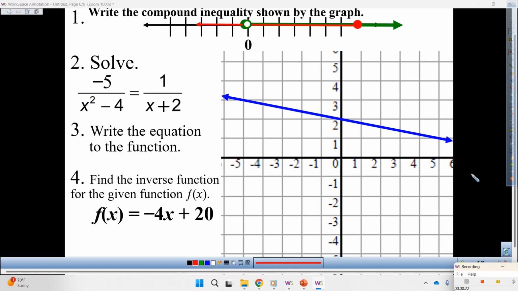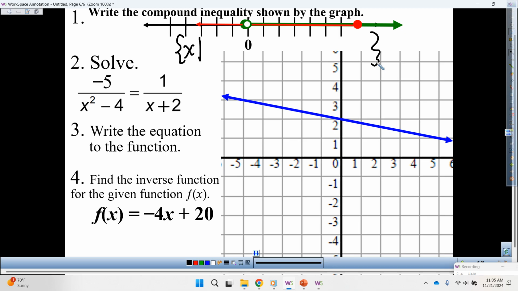All right, let's get the show on the road because we have some stuff that we need to cover. Number 1, I need a compound inequality, and I'm going to start it off with solution set of x such that, and close it over here, but I need my inequality. What is my inequality?